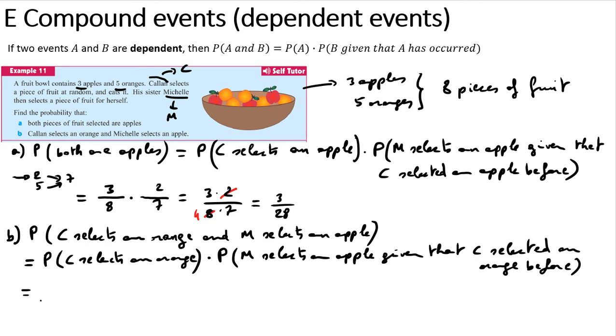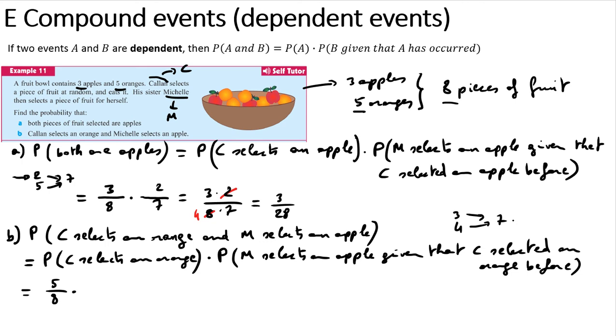Okay, so in the beginning we have 5 oranges, and in total we have 8 pieces of fruit. The probability that Callan selects an orange is then equal to 5 over 8. After he selected an orange, 3 apples are still in the bowl, and 4 oranges will be left, so we have in total 7 pieces of fruit.